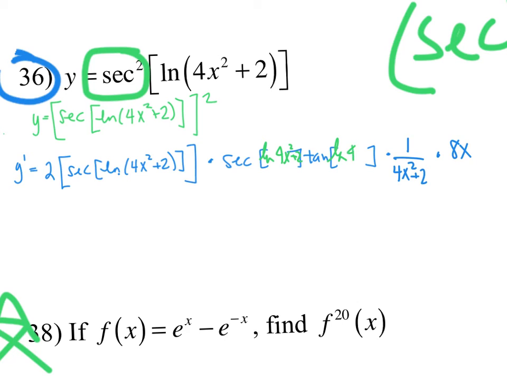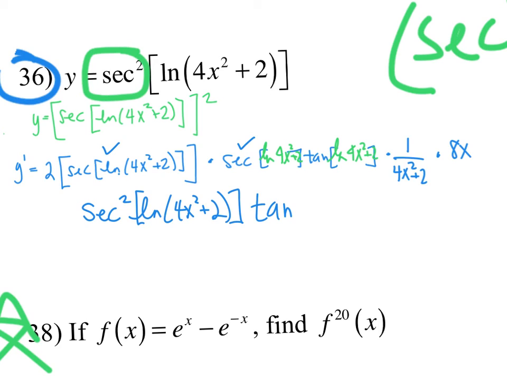I've got a secant of ln of 4x squared plus 2 and another secant of ln of 4x squared plus 2. So we have secant squared of ln of 4x squared plus 2. That took care of those two, and that's multiplying by tan of ln of 4x squared plus 2.